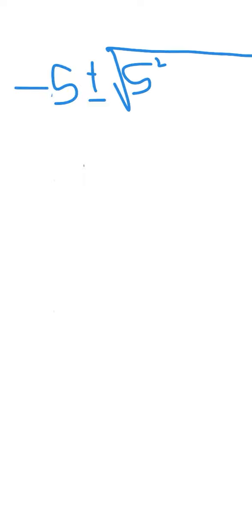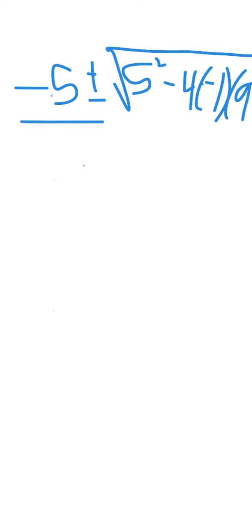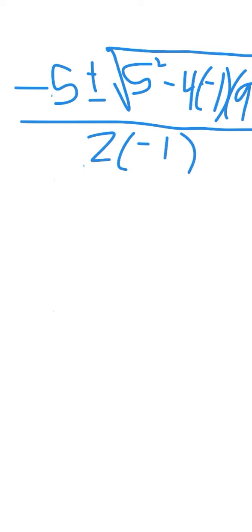So we can have -5 plus minus the square root of 5 squared minus 4 times -1 times 97, and this is all divided by 2 times -1. Now, when we solve this quadratic equation, we will get 12.66.